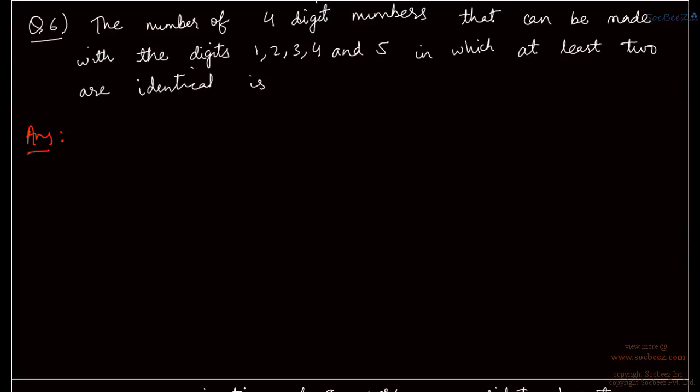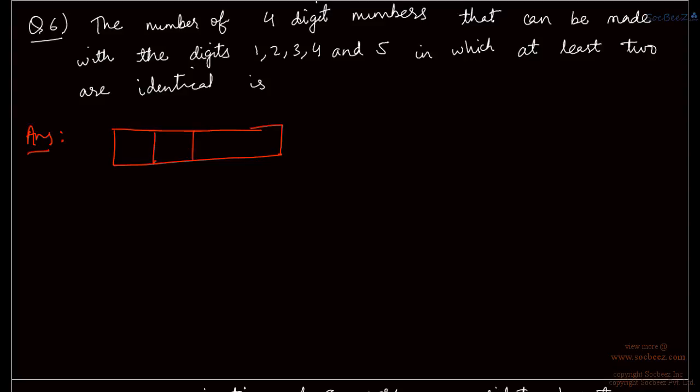Okay. Now, the number of 4-digit numbers that can be made with the digits 1, 2, 3, 4 and 5, in which at least 2 are identical is, well, so we have 5 digits with which we can make these 4-digit numbers. Okay. Now let us first look at the total number of these numbers possible.